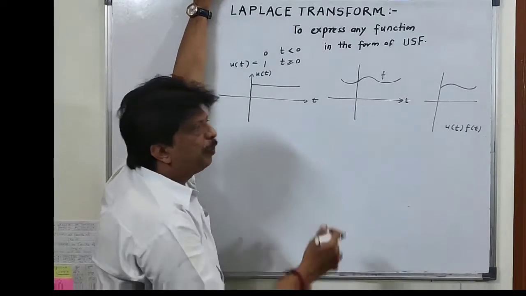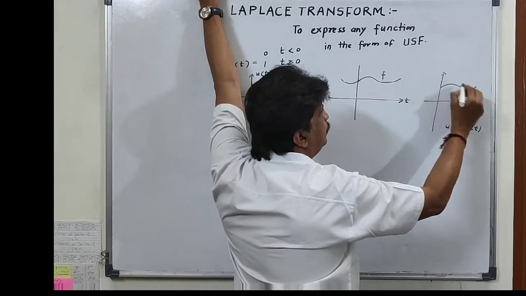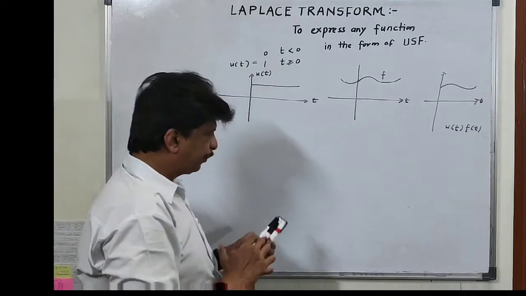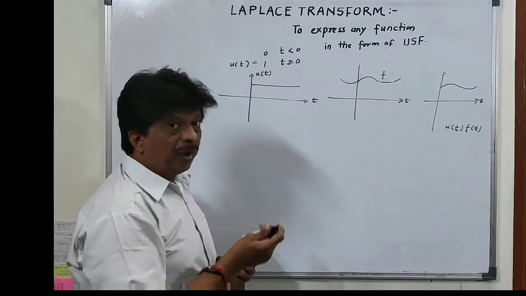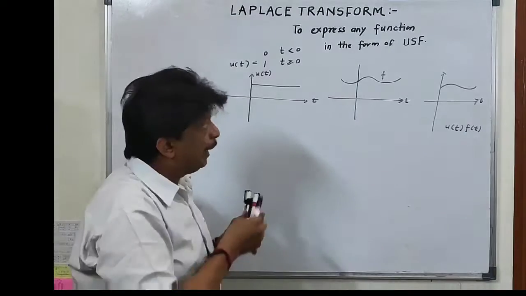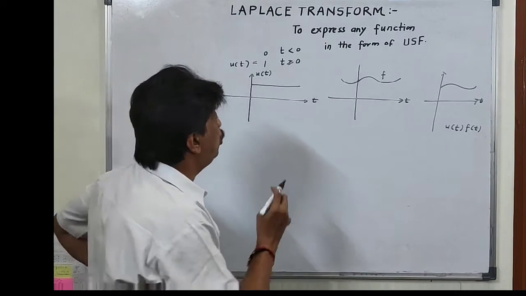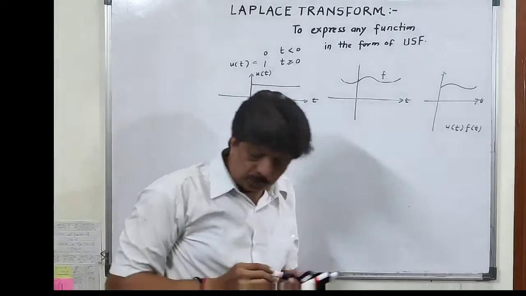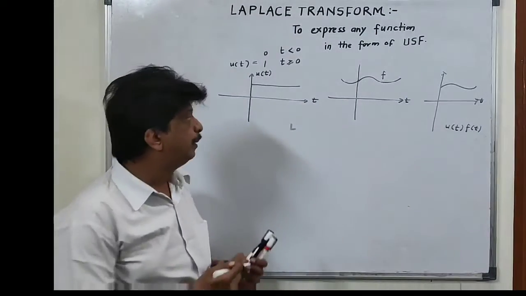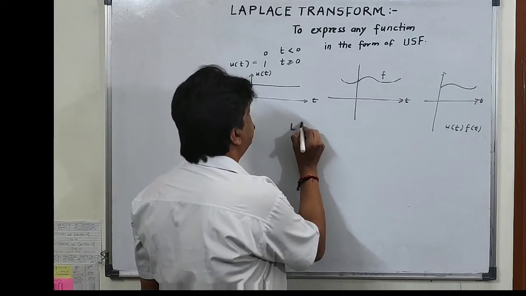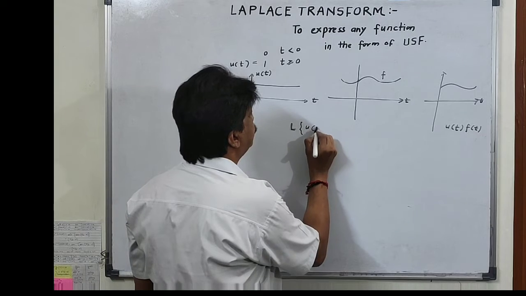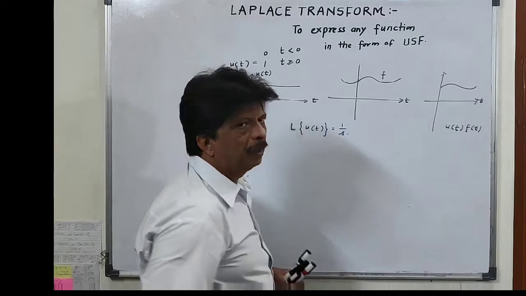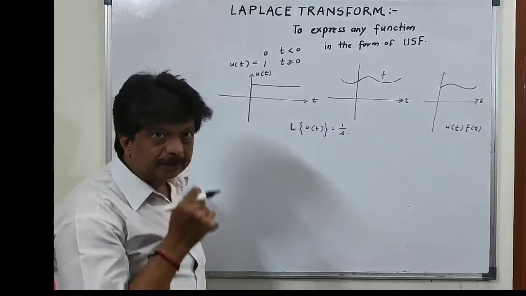It curtails the negative part. We have also seen that the Laplace transform of this function u of t is 1 by s. That was the first function we discussed.